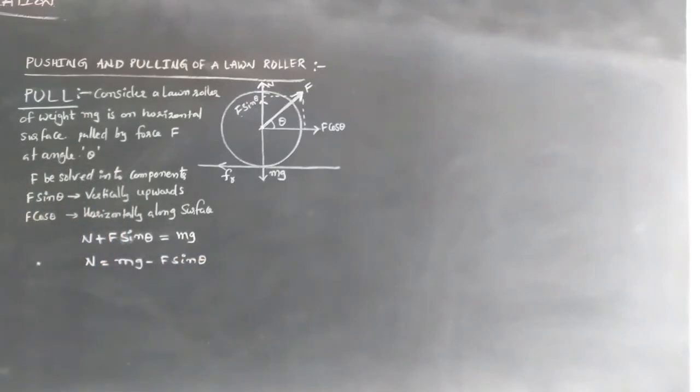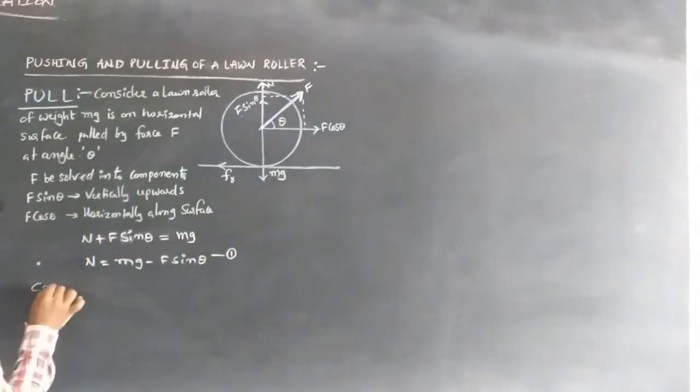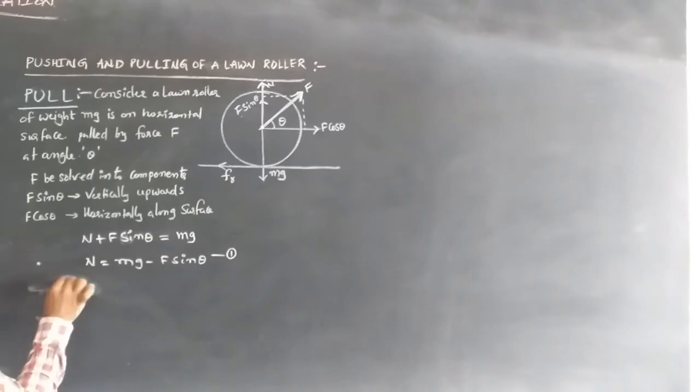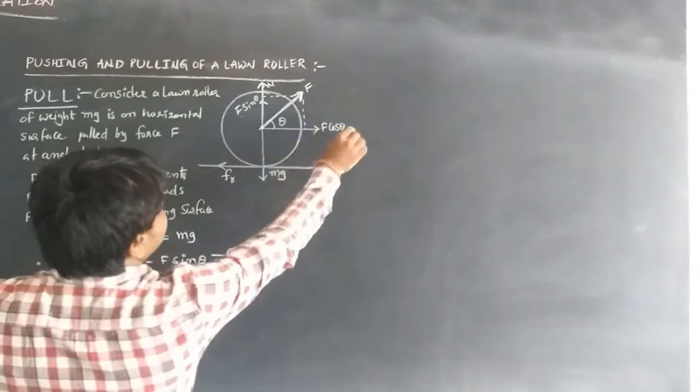According to the rolling friction equation, we consider the coefficient of rolling friction as equation number 1. The body is rolling in this direction.